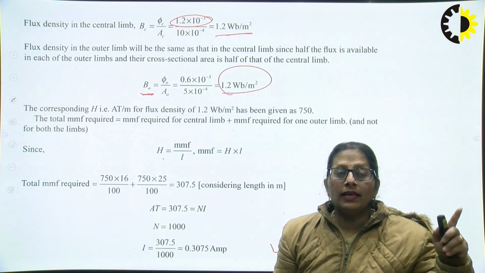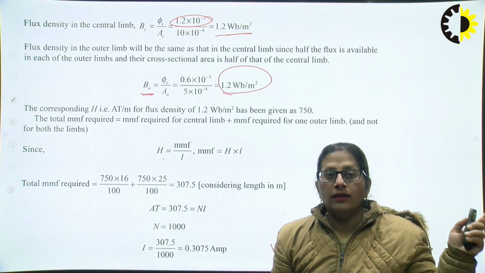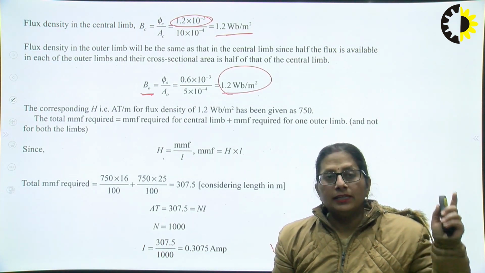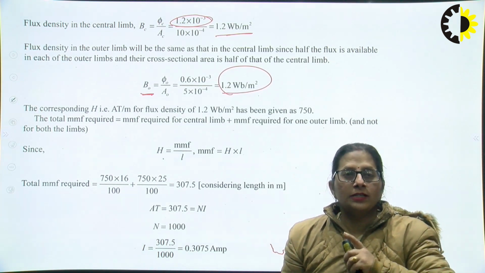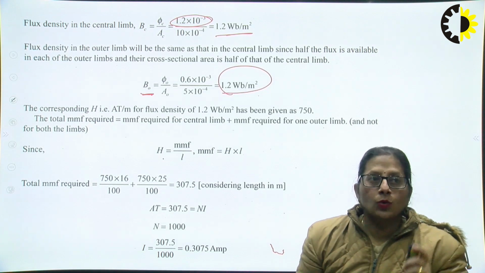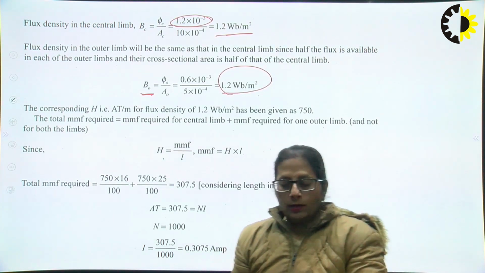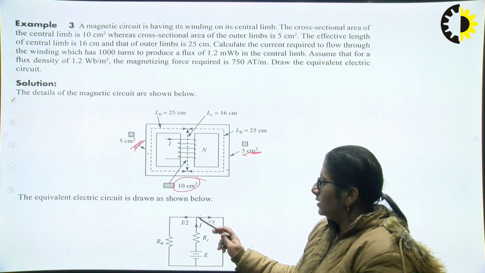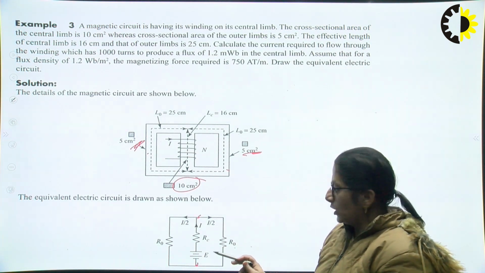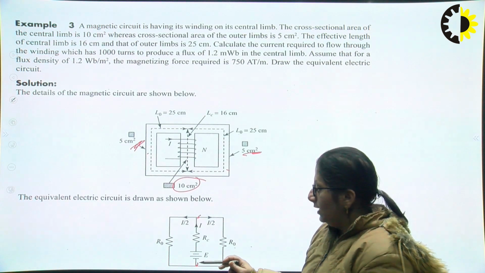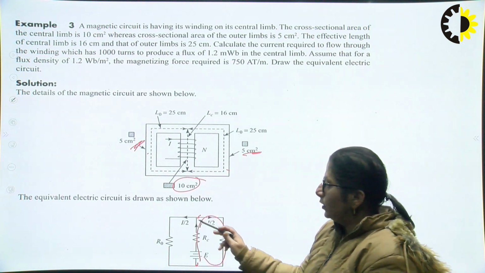Now the corresponding H, that means the magnetizing field intensity, for 1.2 Weber per meter square has been given as 750. So what will be the total MMF required? If I say, what is the net voltage required, this must be equal to either this path or this path.